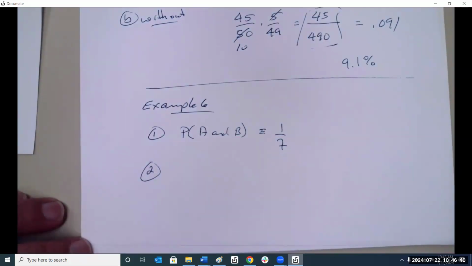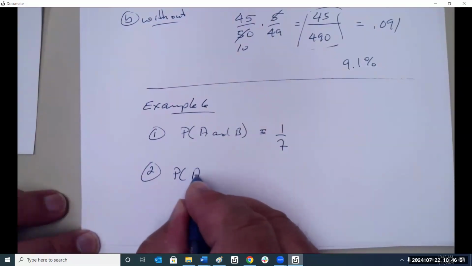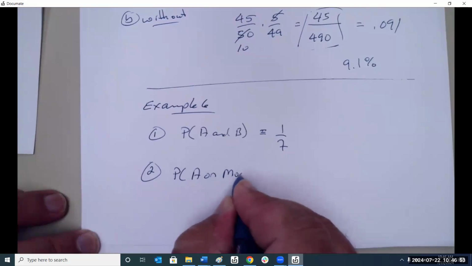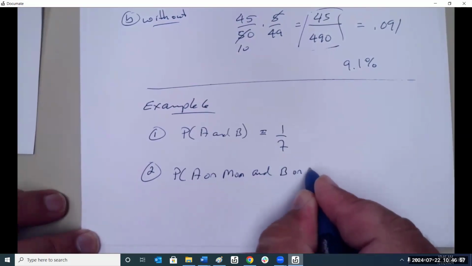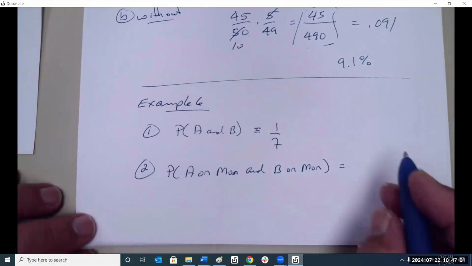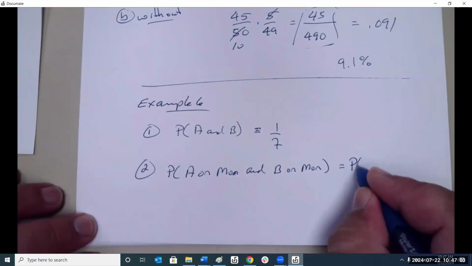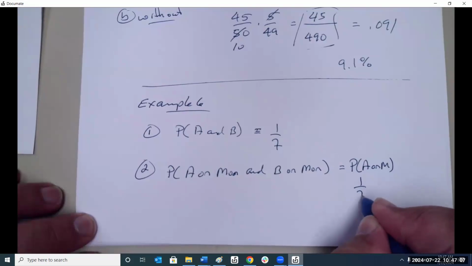Find the probability that the two people are both born on Monday. A on Monday and B on Monday. So the probability of A on Monday is 1/7.